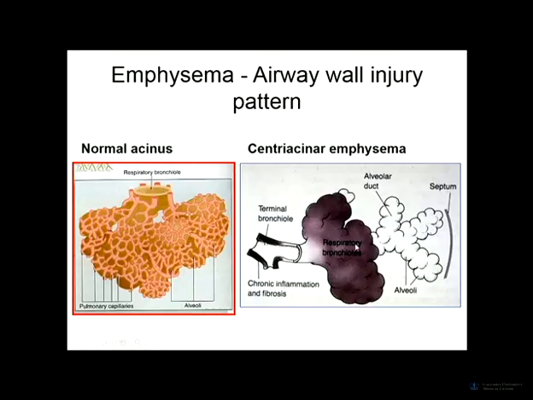Okay? We will call this centri-acinar emphysema. You will also see the term centrilobular emphysema, because some authors use the term lobule for the acinus. Okay? However, I avoid that because I use the term lobule in a different way diagnostically, and so I use the term acinus. Okay? But you'll see both, and they're both correct.